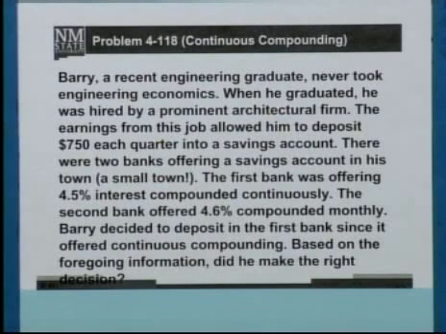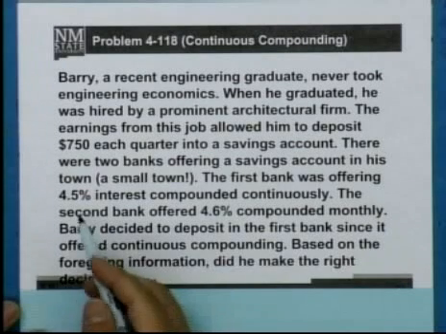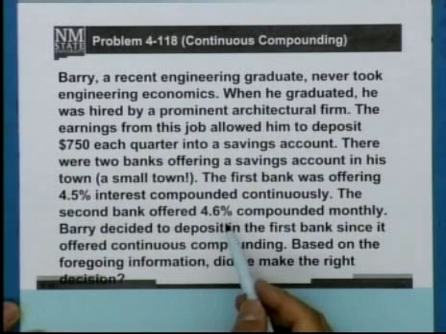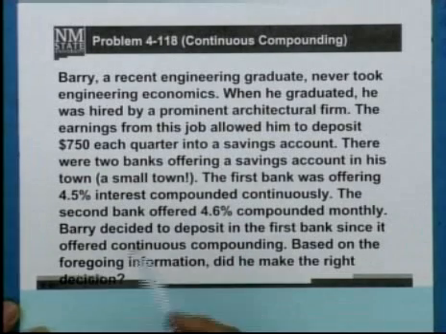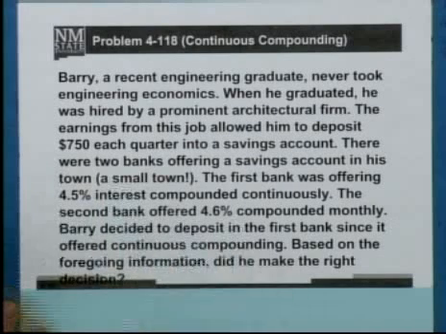So basically, you cannot simply compare these 2 interest rates, 4.5% and 4.6%. Why is that? Because their compounding periods are different from each other, right? Then how could he compare these 2 interest rates to make a decision?